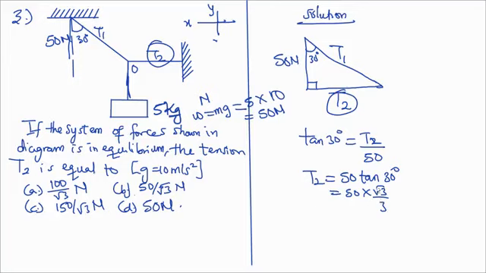Sorry, this root 3 over 3 can also be 1 over root 3. I hope you know that. We get this root 3 over 3 from 1 over root 3. If you don't know, I'm going to show you now.